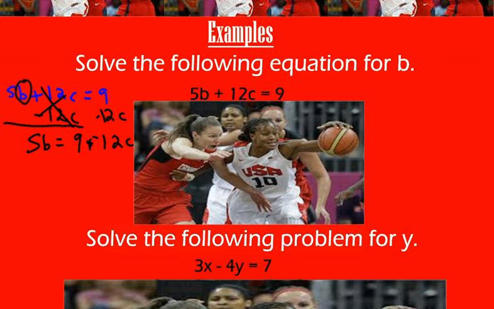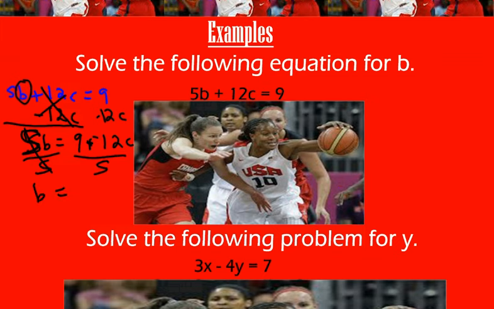All right. So now we just have 5b on that side. We're still trying to solve for this b, so we have to look for any multiplication or division. And right here, this is multiplication, 5b. Again, this is a 5. That was a bad 5. But we have to divide to get rid of that multiplication. That makes sense. On the left side, and on the right side, we're going to divide this whole side by 5. b is equal to.